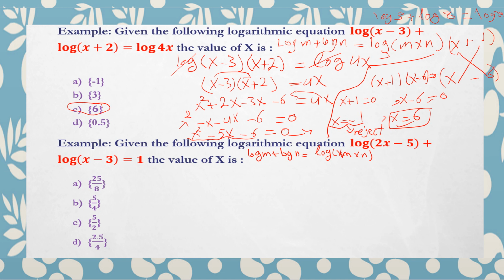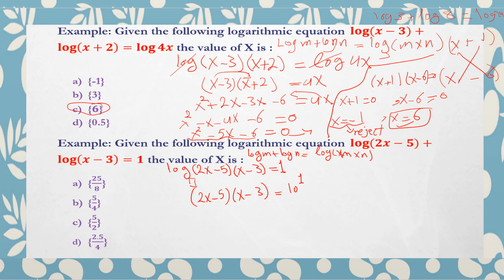So we can say that log (2x minus 5) times (x minus 3) equals 1. This means there is no base here for the log, and this means it is equal to 10. So (2x minus 5) times (x minus 3) equals 10 power 1.